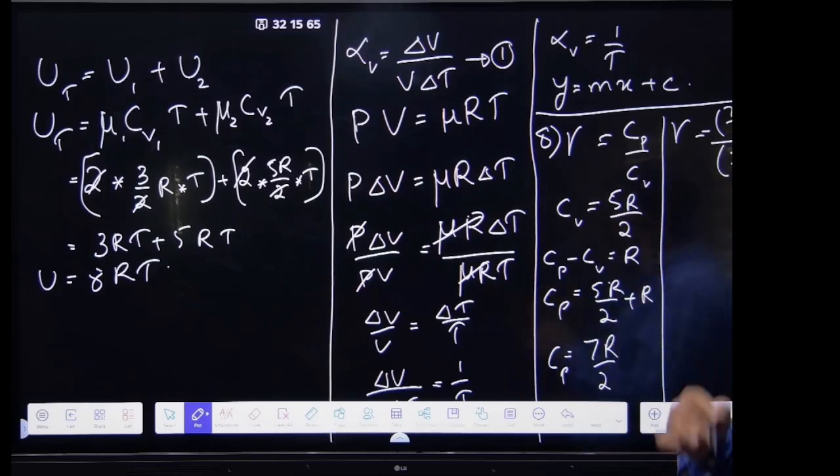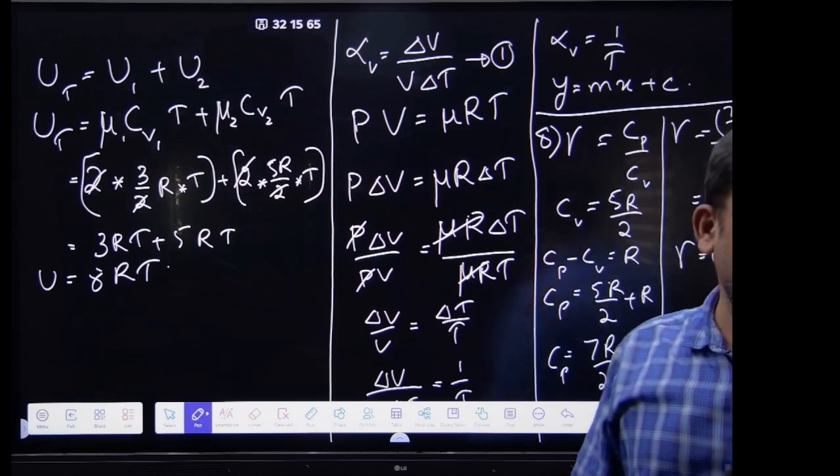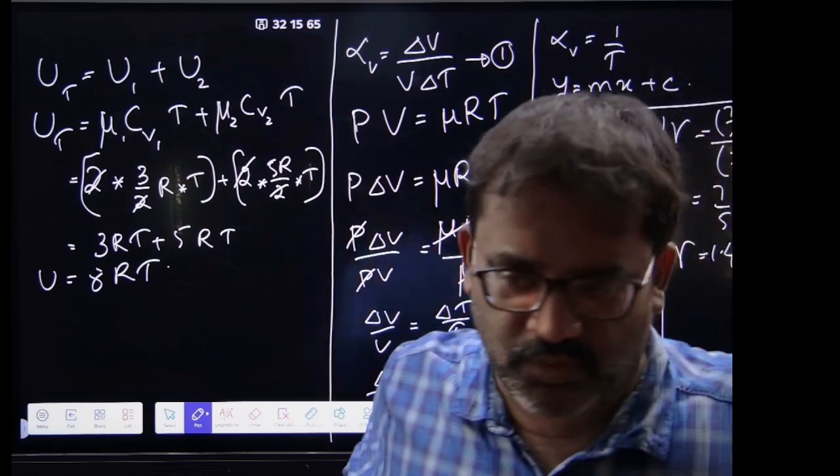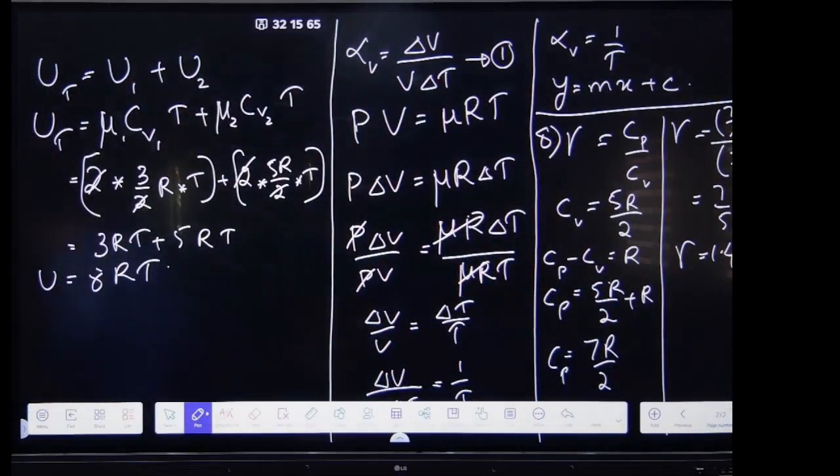What can I cancel off here? 2 and R. That means that is equal to 7 by 5. So gamma is equal to 1.4. So the right option is option 1. Verified. Correct? Very good. Take it down.